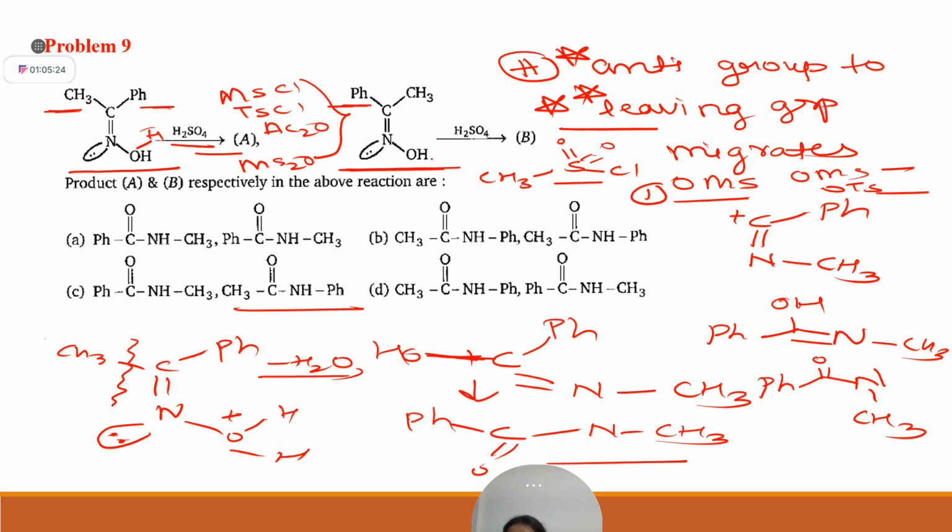Simply migrate here, and right now I got the trick. Do you get that trick? Simply swap these groups. What you will get: C double bond N Ph, OH, CH3. Now you can tautomerize this as an enol. Correct? Yes, ma'am. Understood now.